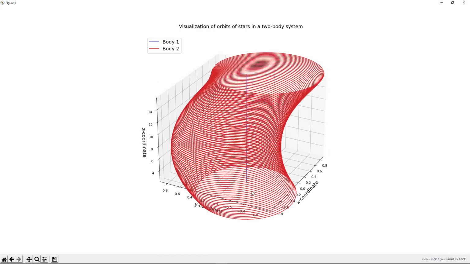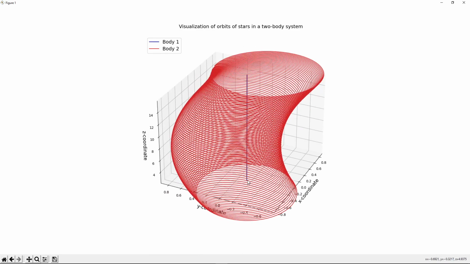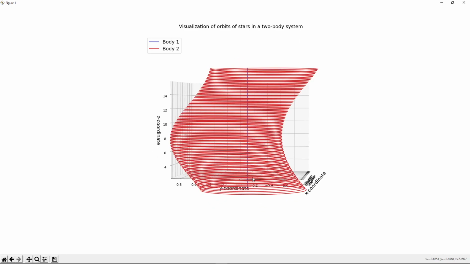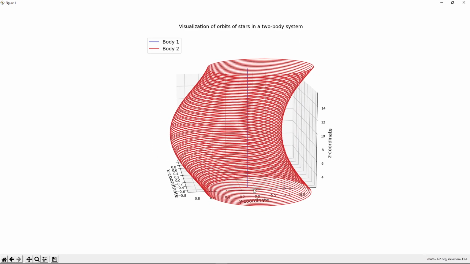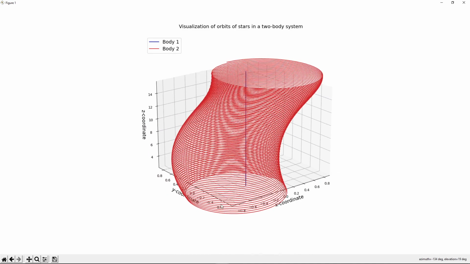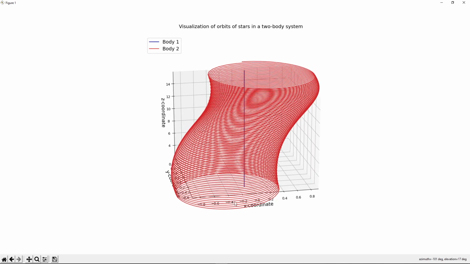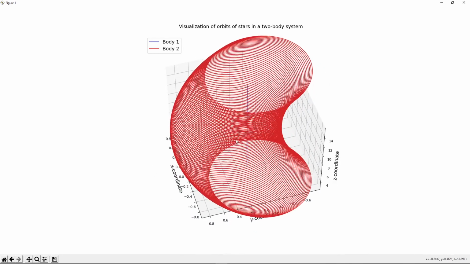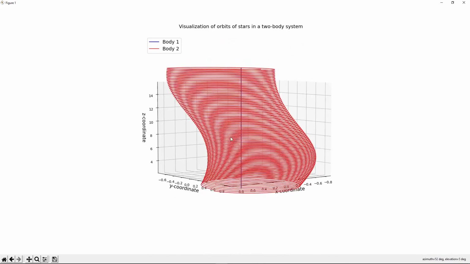So you see the bodies started moving. The first one is the blue body, which is the more massive body, and it's moving upwards along the z-axis. And this red body, which is relatively lighter, is moving in elliptical spirals around this first body, and the system is evolving like this.